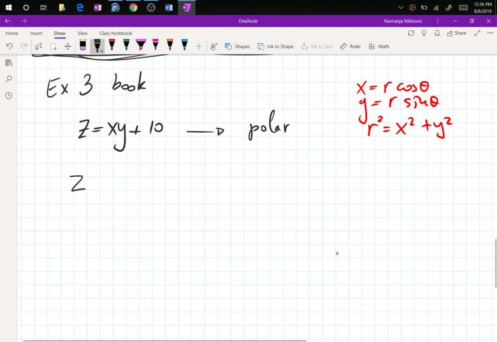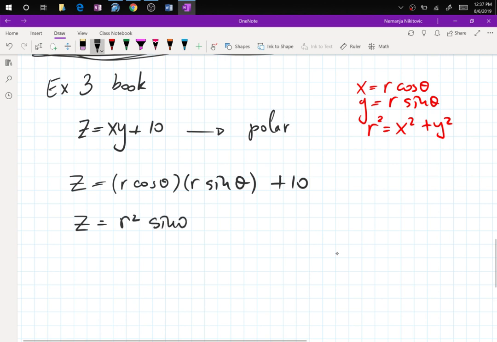We achieve that by replacing x with r cosine theta and y with r sine theta, and we still have this plus 10 at the end. So now this becomes r squared sine theta cosine theta plus 10.